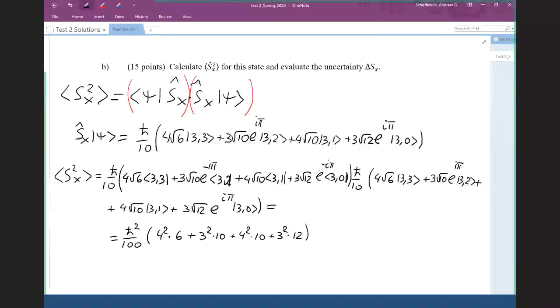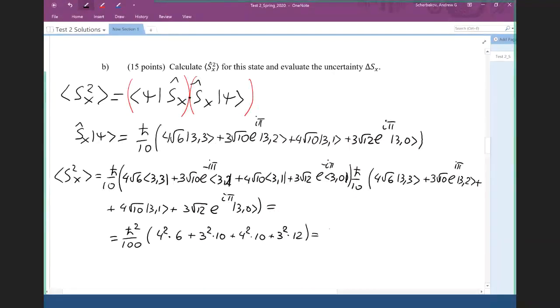Yeah, you guys, do you understand this part? I hope I don't need to go into more details here, right? So that will be equal to 16 times 6 plus 9 times 10 plus 16 times 10 plus 9 times 12.